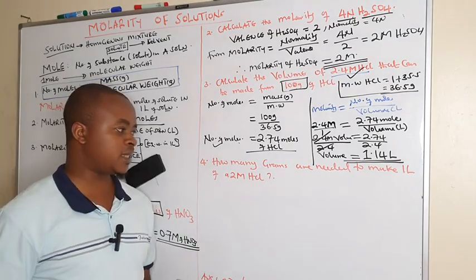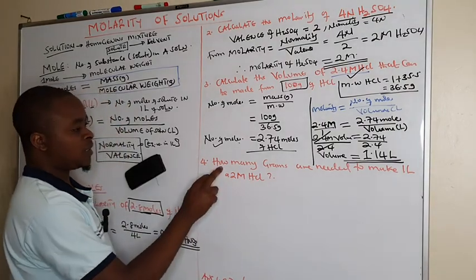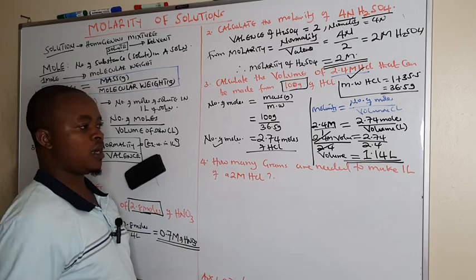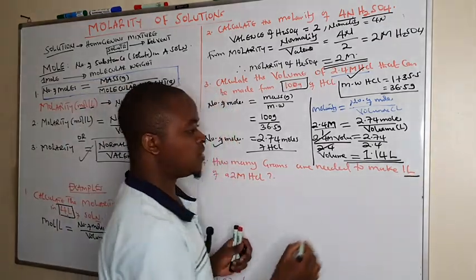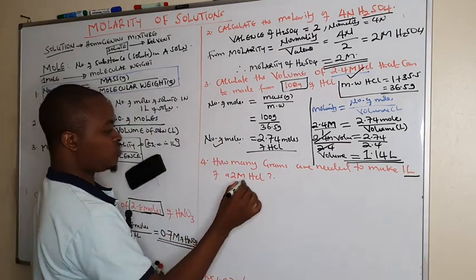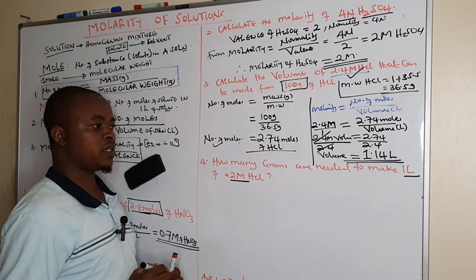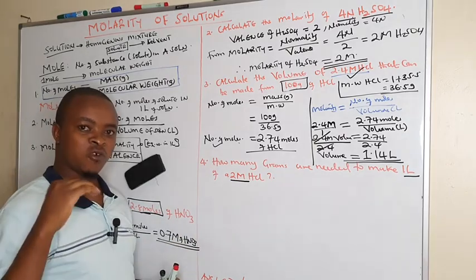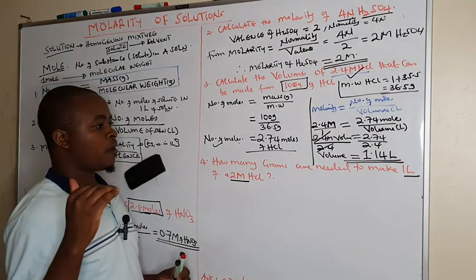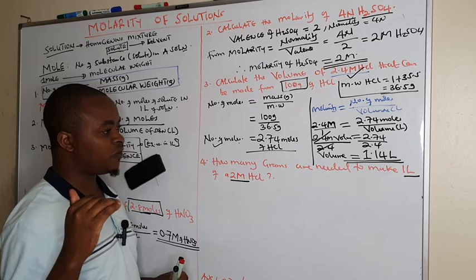So the last example asks how many grams are needed to make 1 liter of a 2 molar hydrochloric acid. In this question, you have to identify what is given. We are given 1 liter, that is volume.